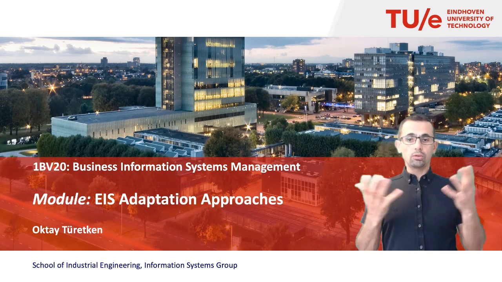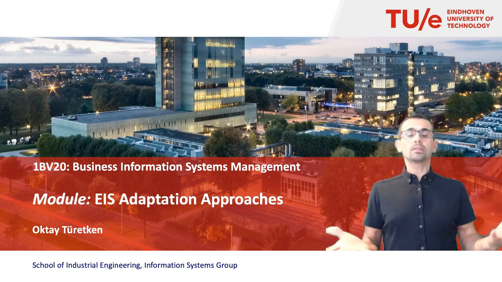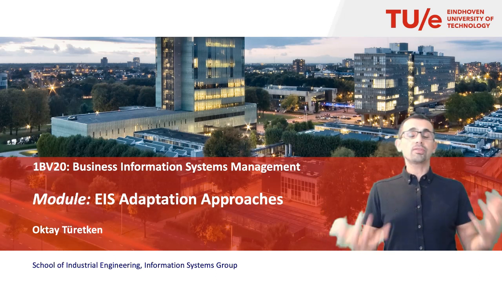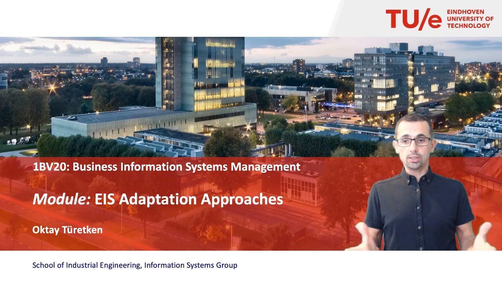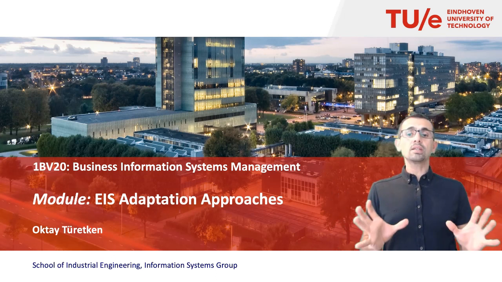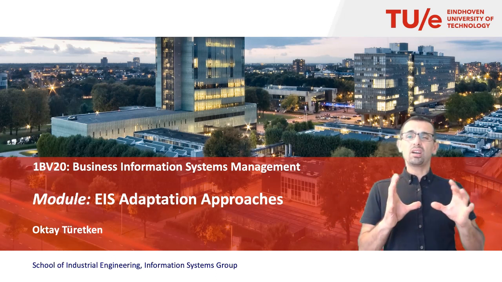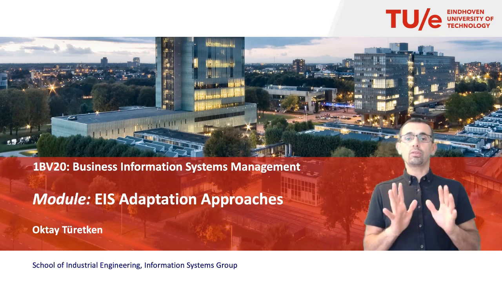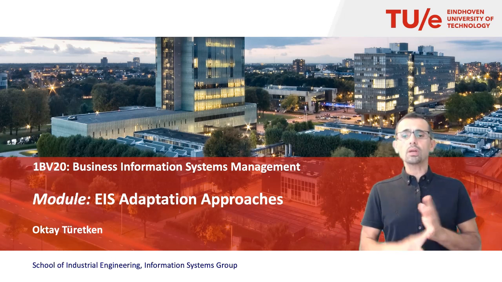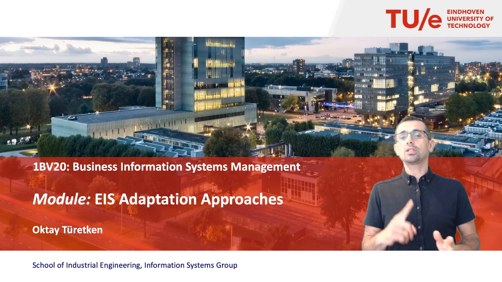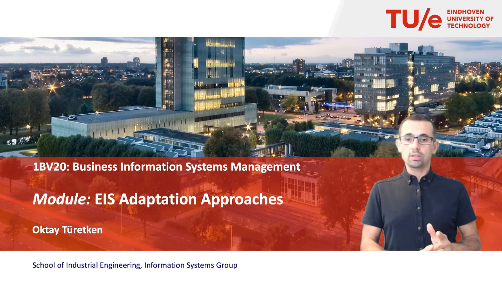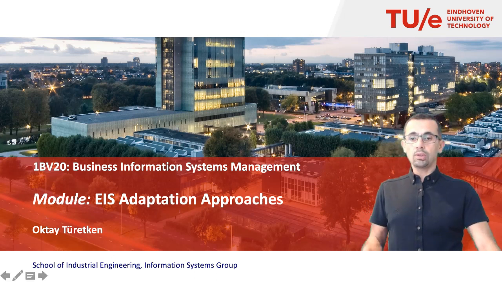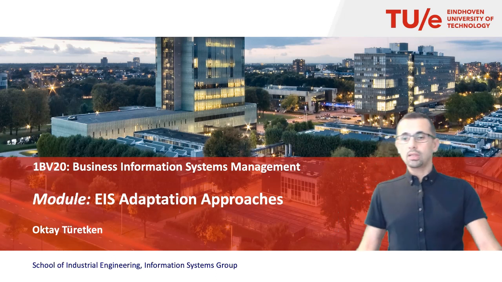After all, not all organizations are the same, and a single enterprise information system cannot satisfy the requirements of all organizations. Now, when discussing enterprise system adaptation, we have to talk about three concepts: custom development, customization, and configuration. Okay, now let's see what these concepts are.